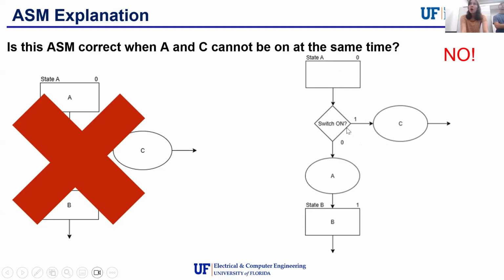And if the switch is not on, you can see you have a 0 next to the subscript that just represents the truth value of this signal that's inside of the diamond. If the switch is not on, then A will be true. And the switch can't be both on and off at the same time, so this gives our desired behavior. Either C is true or A is true.